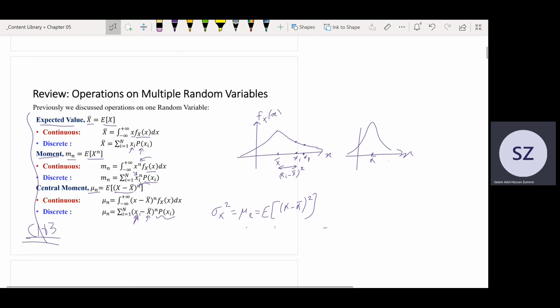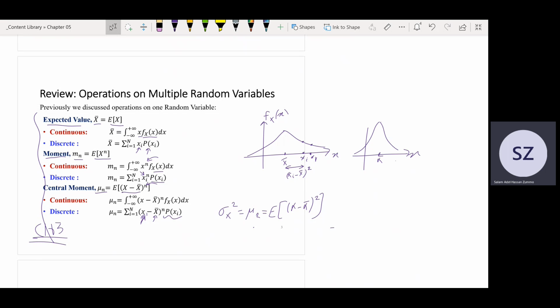So remember chapter 3, expected value with moments and central moments, and we talked about why these equations are true because we explained their physical meaning. So you need to be able to find for any PDF, discrete or continuous, the mean, the variance, the expected value of any moment, the central moment of any type.